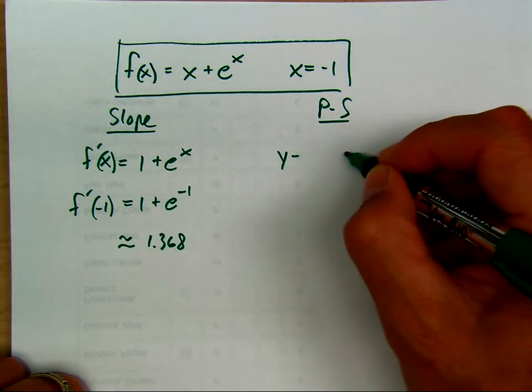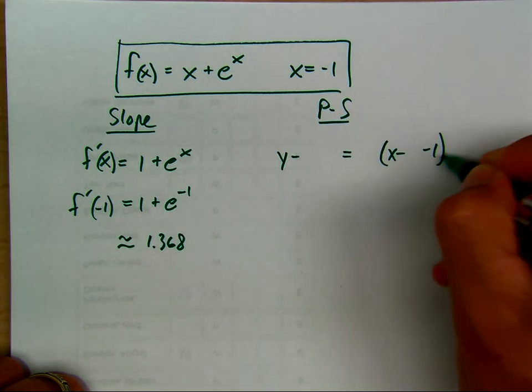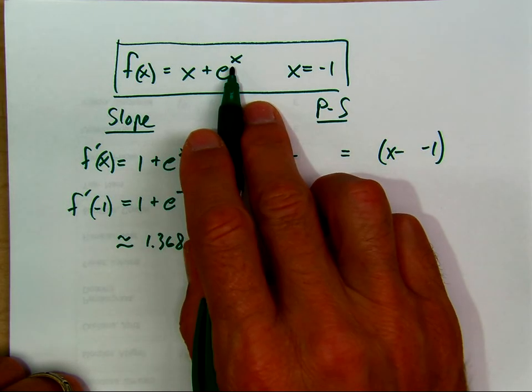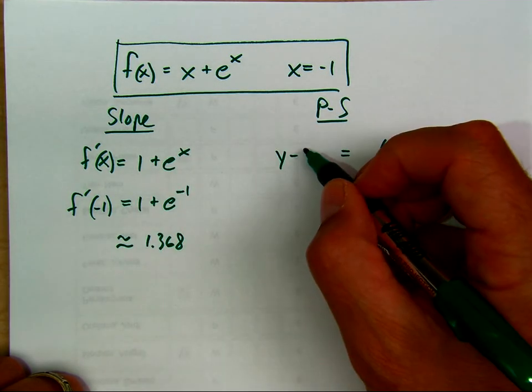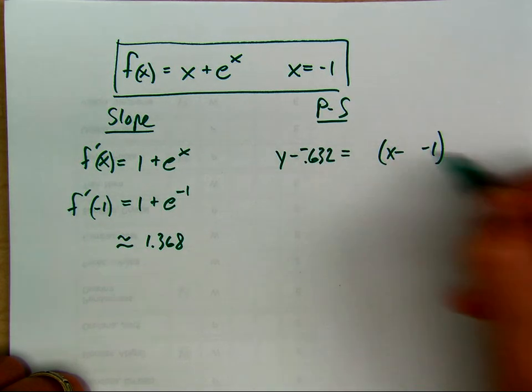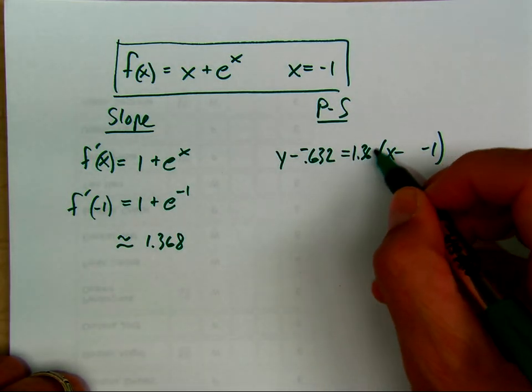y minus y, m, x minus x. When we put the -1 in here, we get approximately -0.632, and the slope is 1.368.